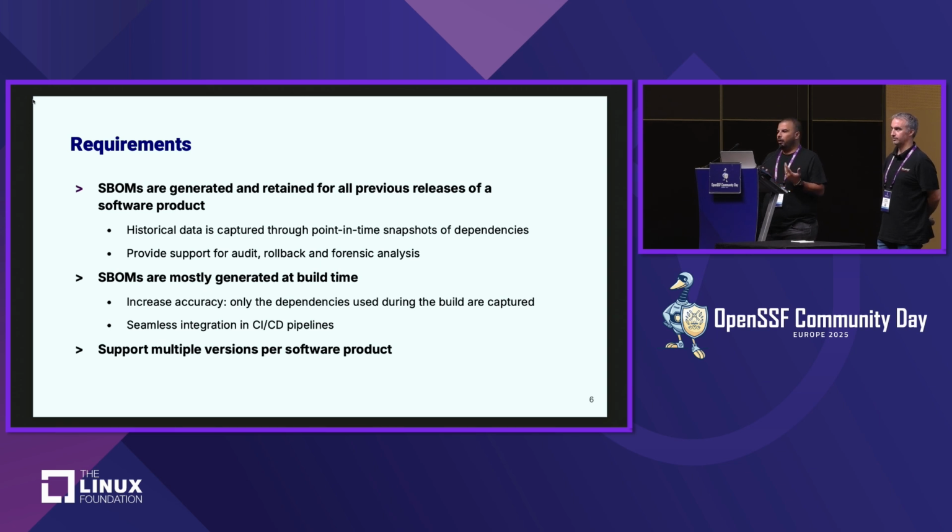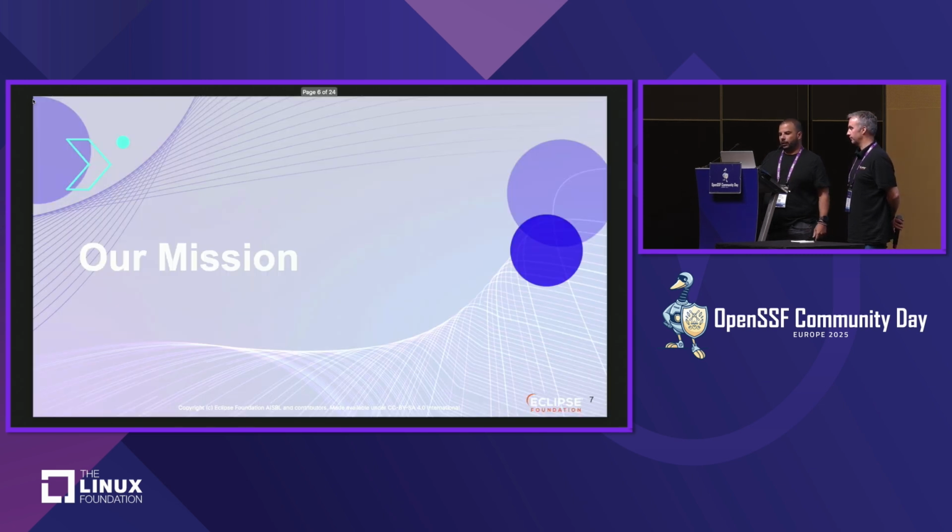Even if we have the information about the latest version, we know that some users cannot just jump to the latest one, and they need to be able to see if the version they are using right now is affected. That's why we want to support multiple versions of the software. Doing this during build time makes it easy to do the integration when they are building. So we want to keep the historical information about it.